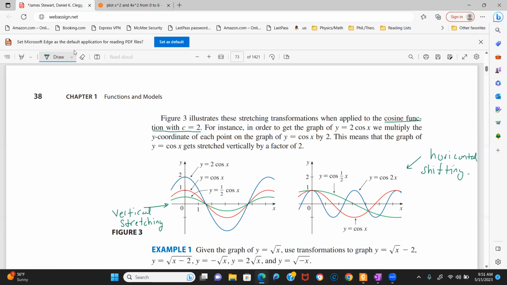So basically what's happening here is, first of all, we know that cosine x has period 2 pi. So that means cosine x completes a cycle on the interval 0 to 2 pi.